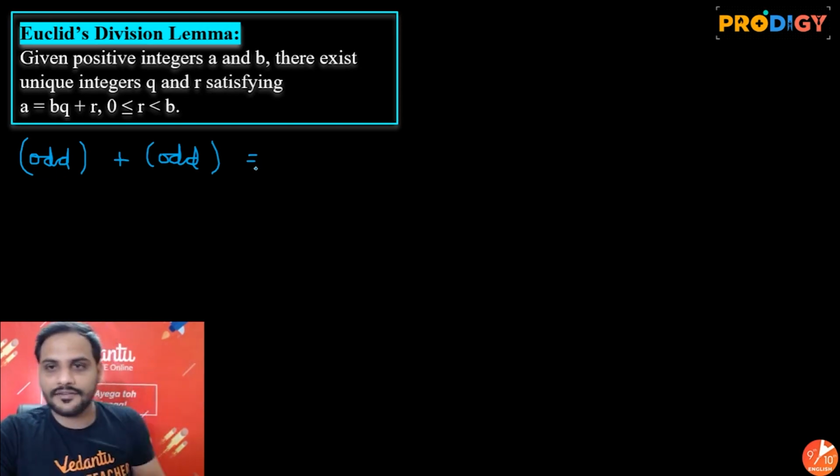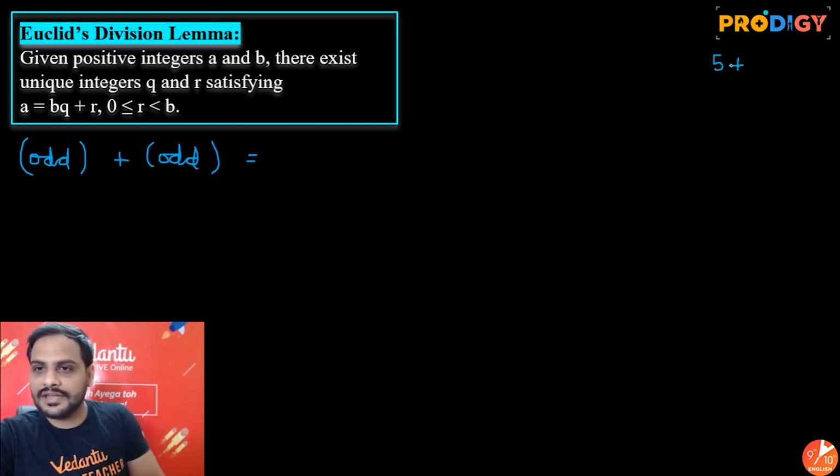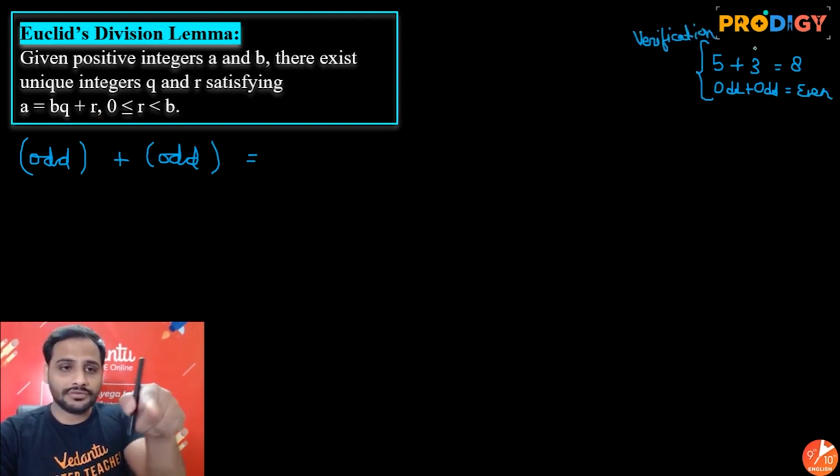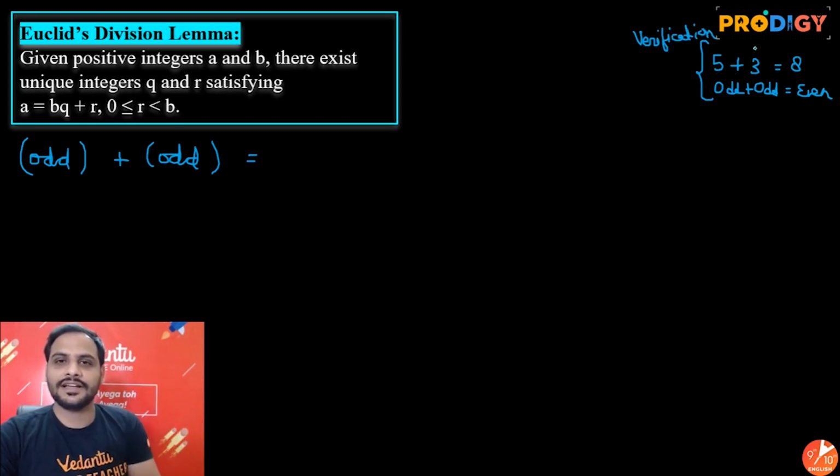When I say 5 plus 3 is equal to 8, I can say odd number plus odd number is giving me even answers. It is not proved. It is only verification. You have verified. Proof we will do now.